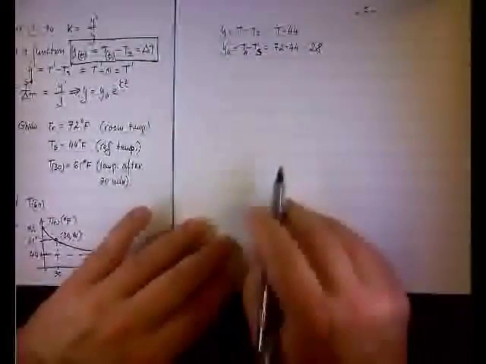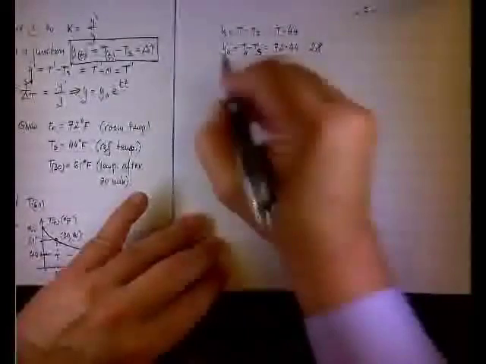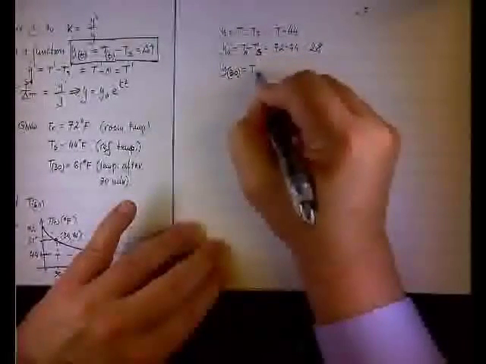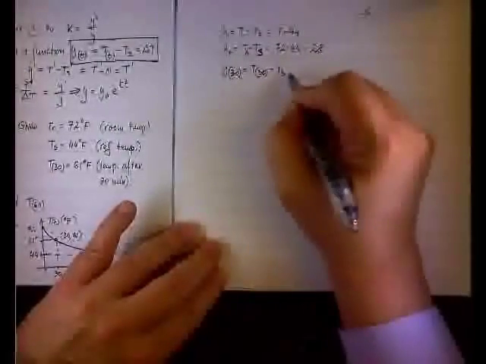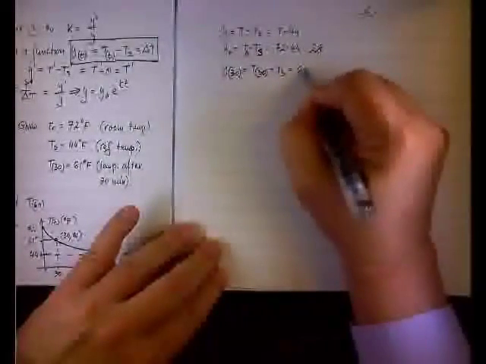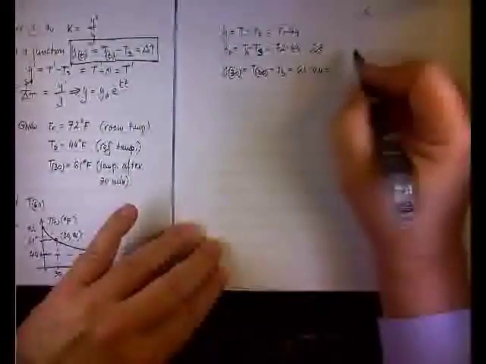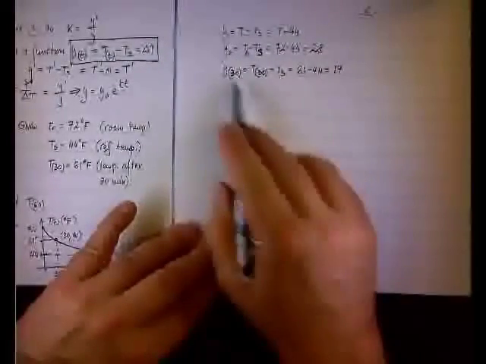So we have y sub 0, and what we know is that y after 30 minutes will be t after 30 minutes minus t sub s, and t after 30 minutes was 61 degrees, t sub s is always 44, and the difference is 17. Okay? So now we make the connection.